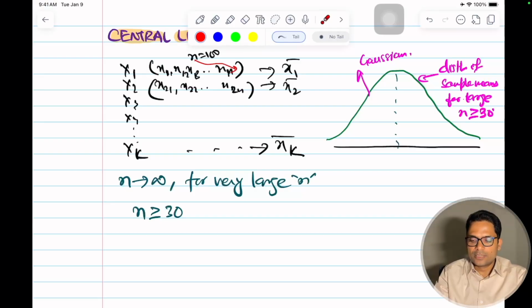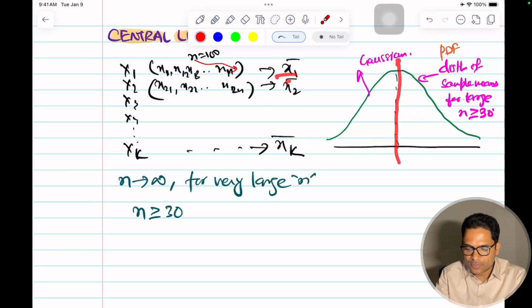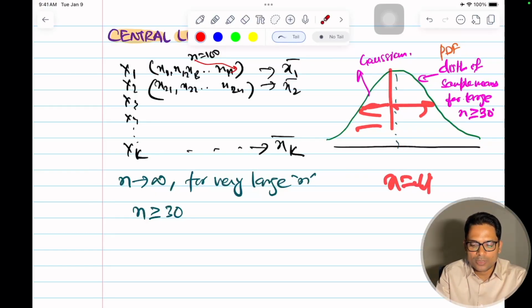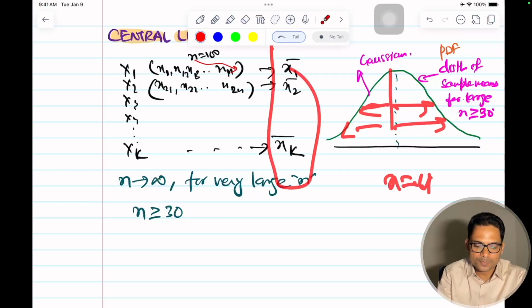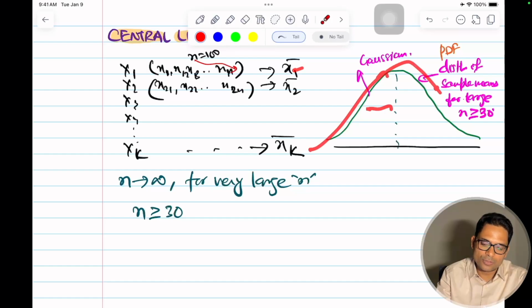This is the PDF. So there will be one central value, the population mean, where x bar will coincide with mu at the center, and all the means that we calculate for each of these trials will be under this Gaussian.